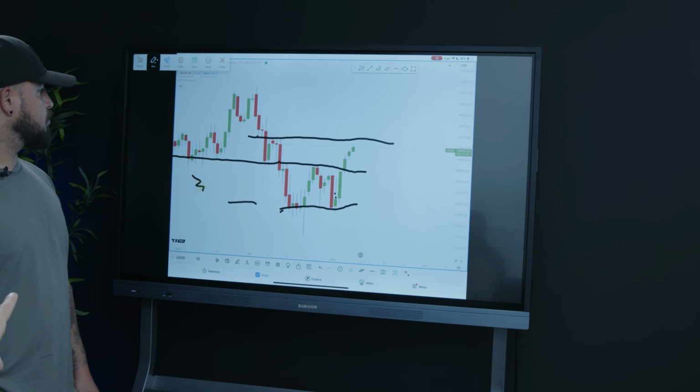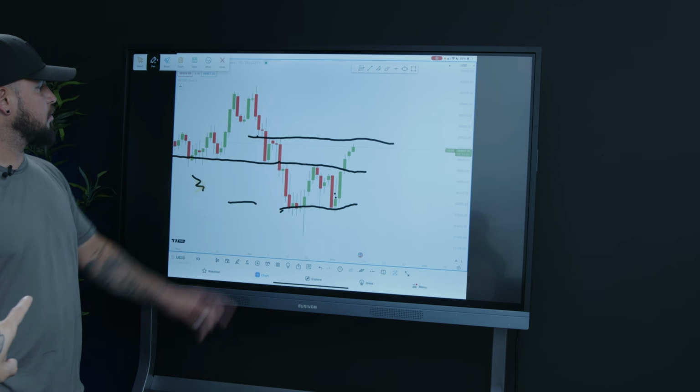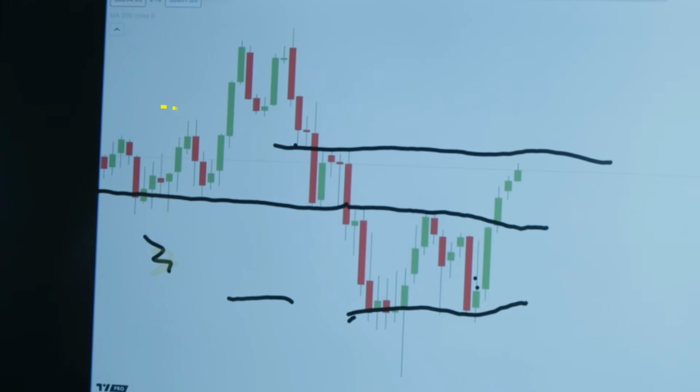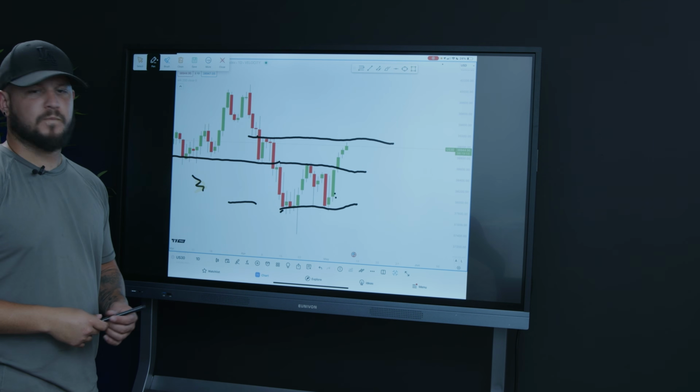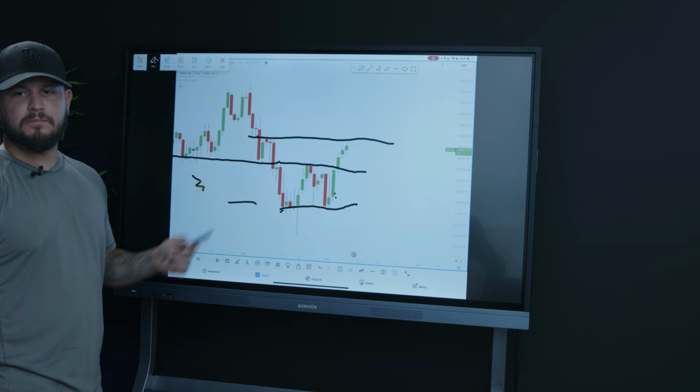previously that was support, right? It broke down. All the way in the left it was support, then it came down to hit as support again, to then the market go up, hit as resistance. So like I was saying, I'm just gonna re-say it all, right? Yeah. All the way to the left you have support, right?